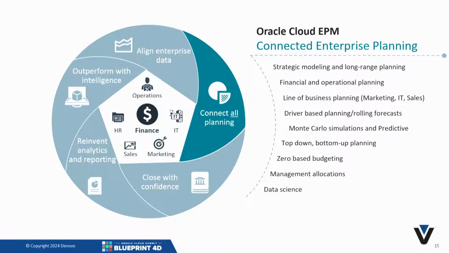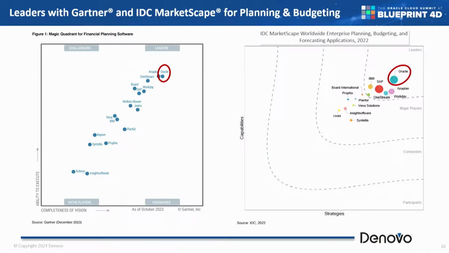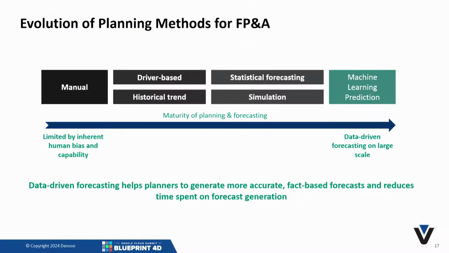All right, I already talked a little bit about this. I'm going to kind of fly through it since most of you have already focused in on Oracle EPM. It's been a leader in the market forever, ever since Gartner created the Magic Quadrant for planning and budgeting.